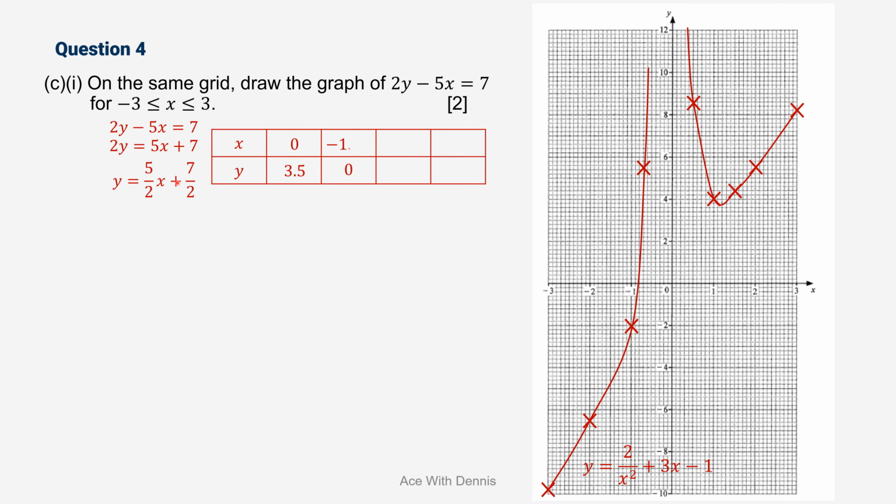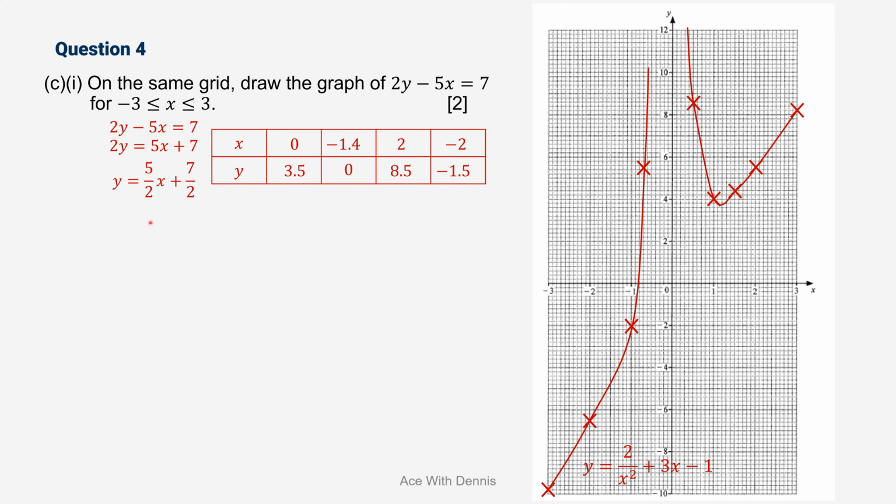If I do that, I get x is negative 1.4. Next, I will choose one more value for x which is easy to calculate and within the range given from -3 to 3. Let's choose x equal to 2. Calculate from this equation, I get y equals 8.5. One more value for x. Let's choose -2 and substitute again into this equation. I calculate the y value is negative 1.5.